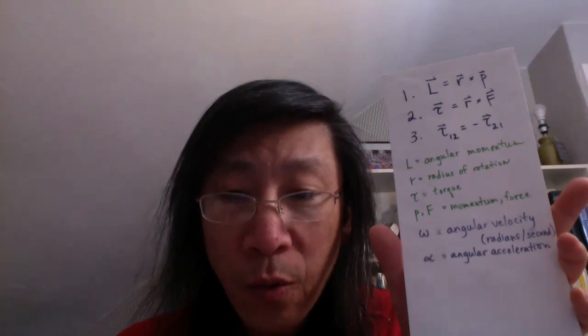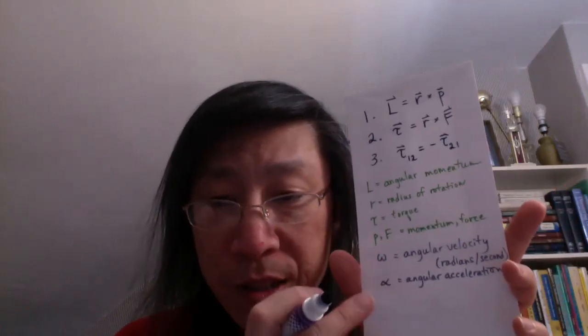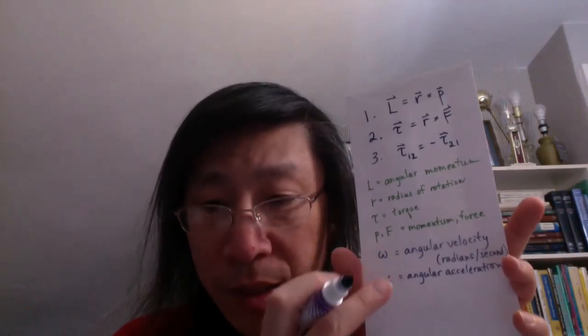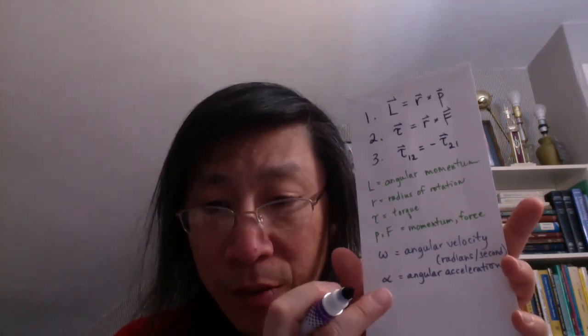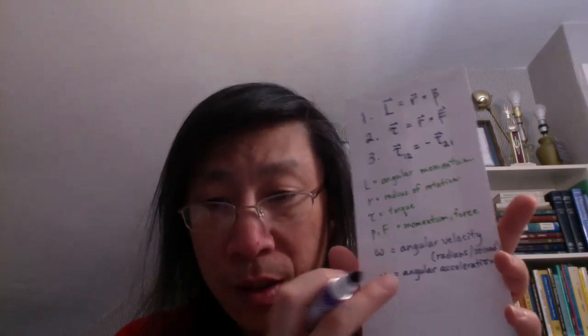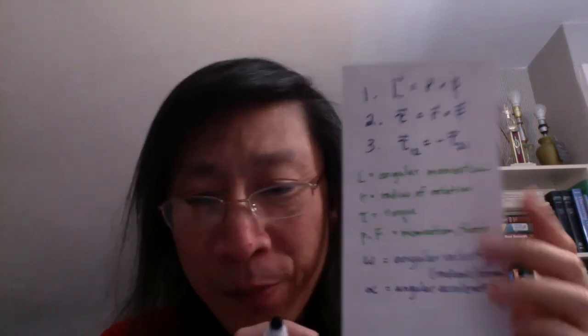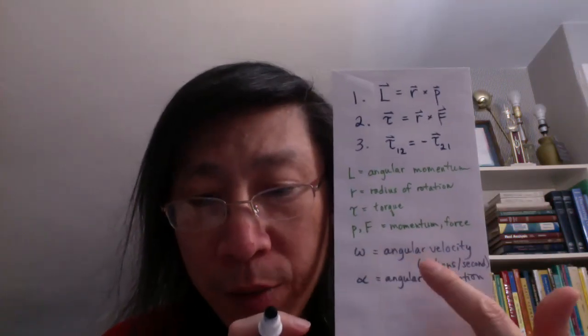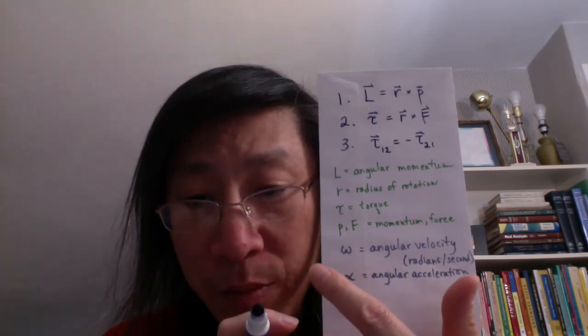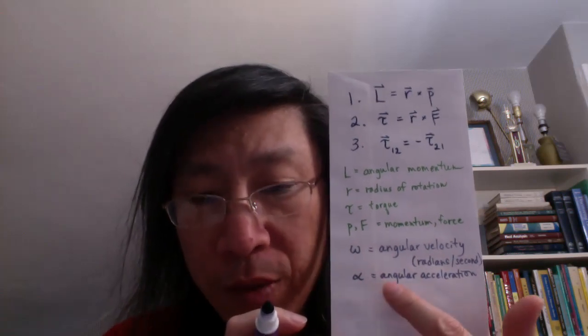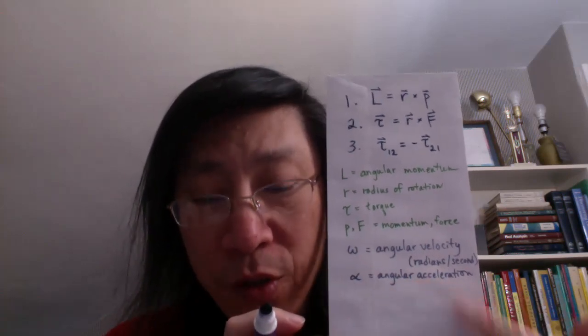So what is the thing that you multiply with these to get angular momentum and torque? Well, let me rephrase. What do you multiply with angular velocity in order to get angular momentum? Or what do you multiply with angular acceleration to get torque?